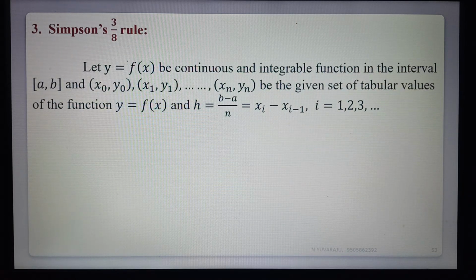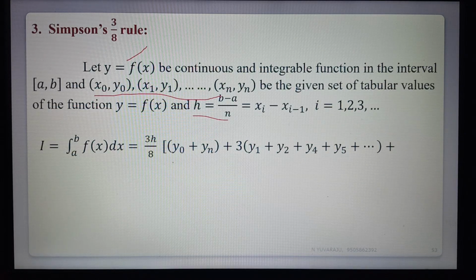So next one, Simpson's 3 by 8 rule, the third formula. Similarly, given y is equal to f of x and the given table values, and h is the step length. Simpson's 3 by 8 rule is 3h by 8 into y0 plus yn, plus 3 into y1 plus y2 plus y4 plus y5 plus up to so on.